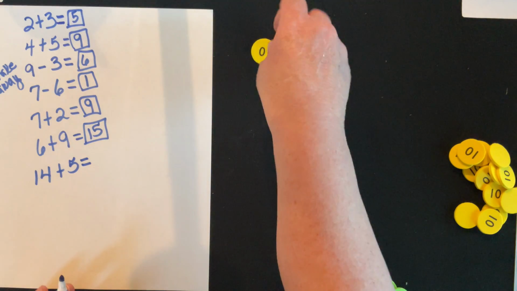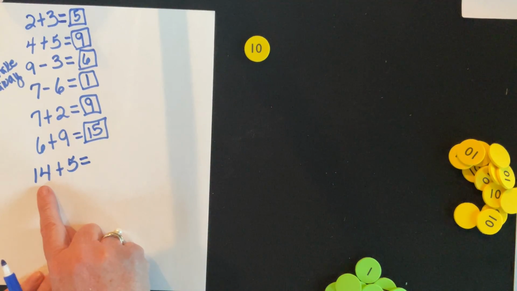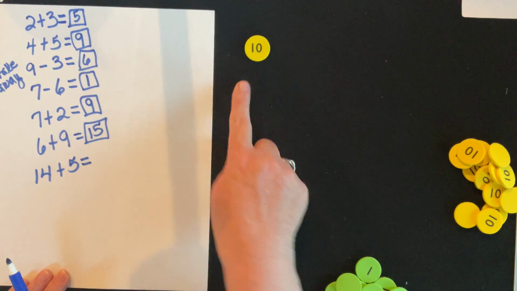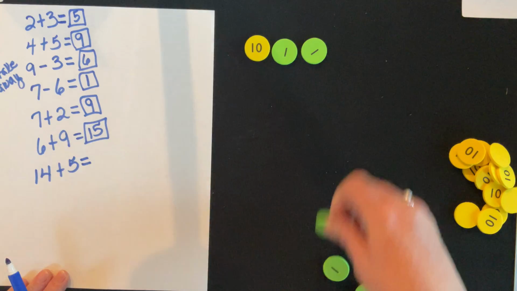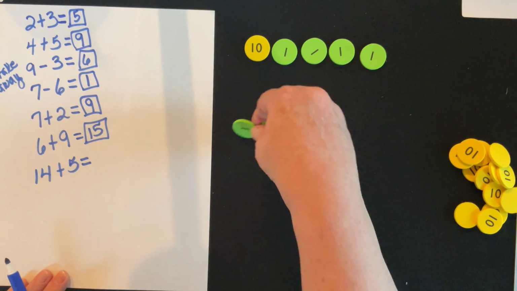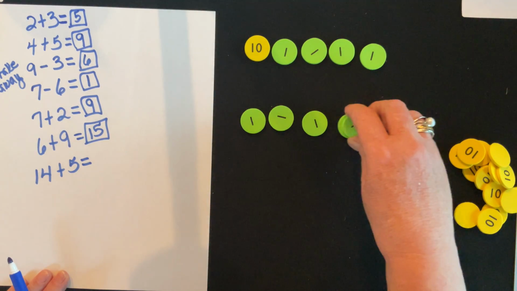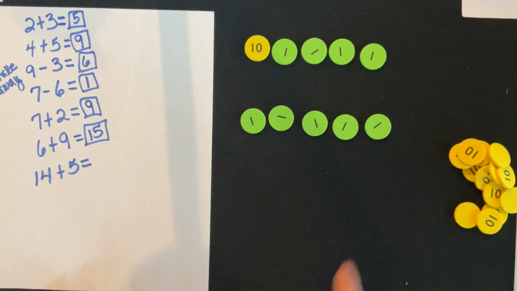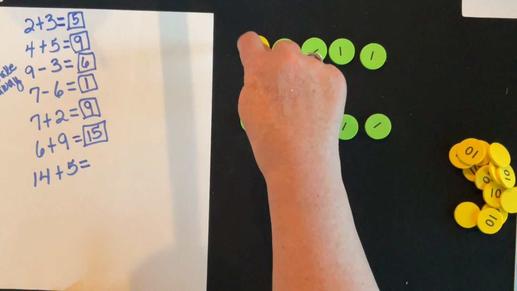This time, I'm going to say that a child said, well, I know that 14 is 10, 11, 12, 13, 14. And now I need 5 more. 1, 2, 3, 4, 5. So how many is this in all? This is a 10.